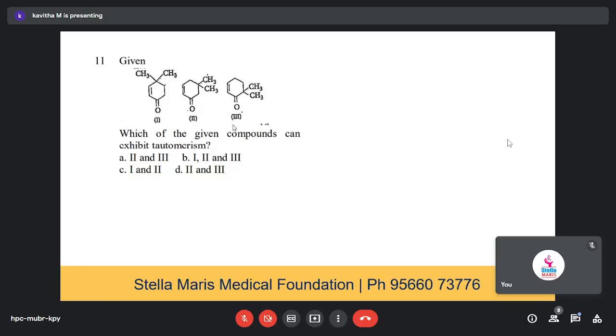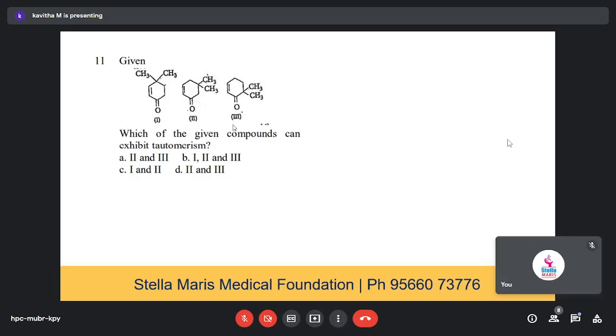Yes, the next, the given three structures. Which of the given compounds can exhibit tautomerism? What is tautomerism first? What is tautomerism?